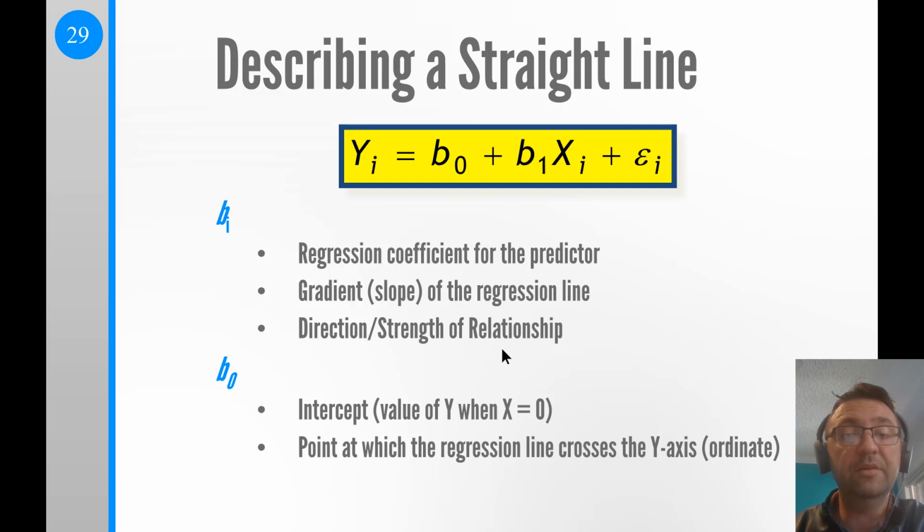Because in year 8 maths, you will learn the equation for a line. And I'm pretty sure if I asked you, you could probably still say it: y equals bx plus c, right? And what does that mean? It means that y, the vertical axis, equals bx, where b is the slope of the relationship between x and y, plus c, and c is the intercept.